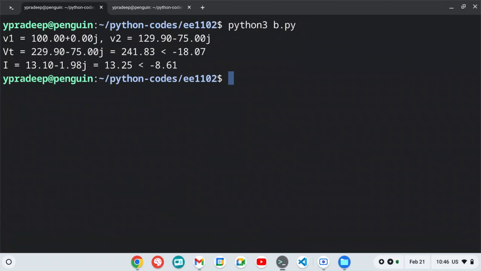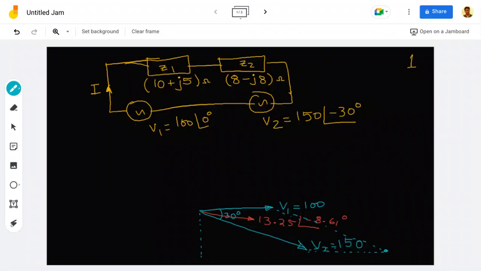So let's draw that. This is Vt. Okay. 241, angle is minus 18 degrees.